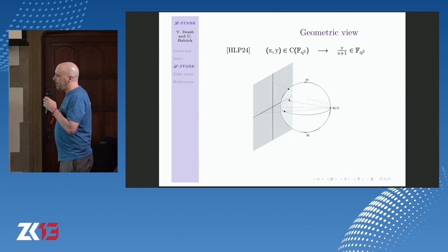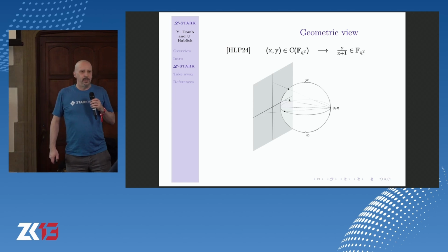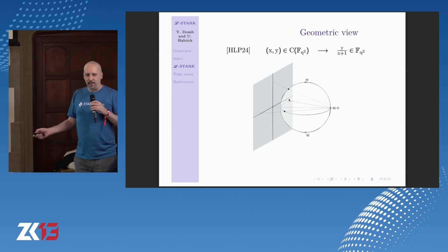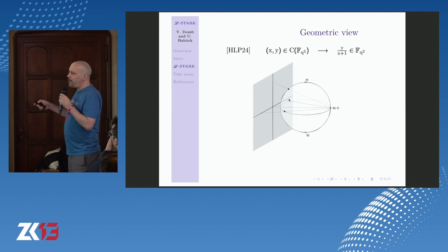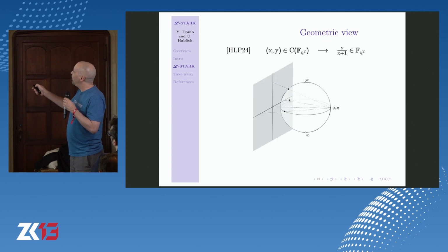Okay, and the canonical way to achieve that image, which is also used in the Circle-Stark paper, it's not an invention of the Circle-Stark, just used, is first of all, look just at the circle in the plane. Fix one center of your stereographic projection.